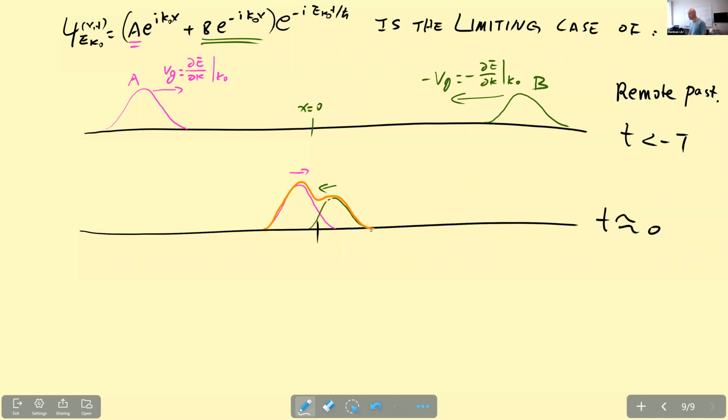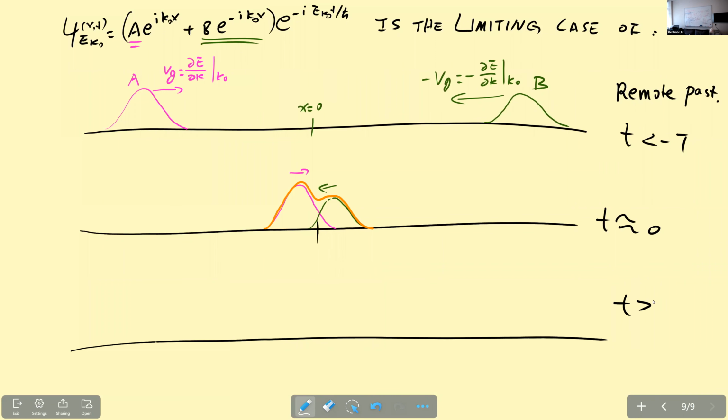So this is a wave packet, but now it's separating. One is moving to the right, one is moving to the left. And then in the future, for t much greater than plus 1, we call this the remote future. So after a long time.